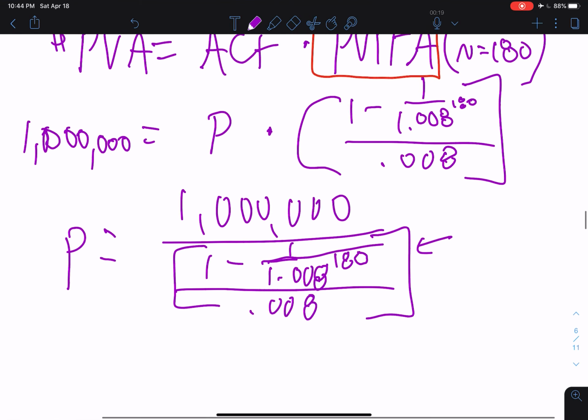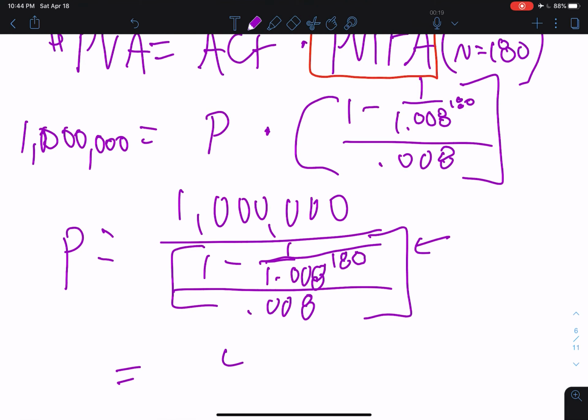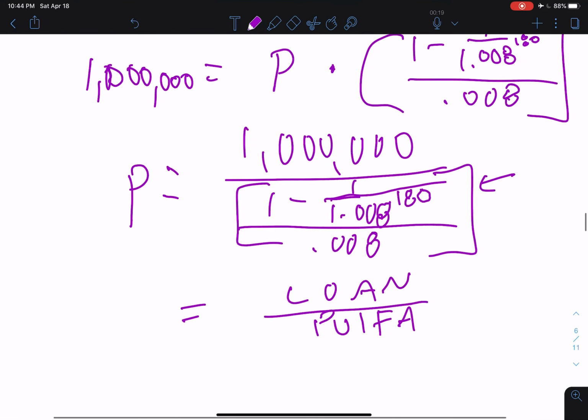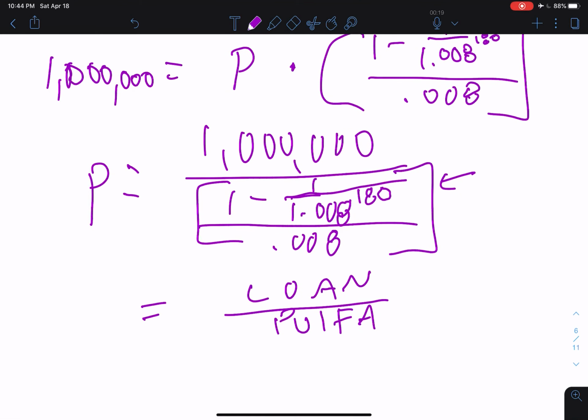And by the way, just make note again so you remember, this is equal to the loan amount divided by the appropriate PVIFA, which will always be a number that's less than N. And in this case, when you do the arithmetic, the answer ends up being $10,502 and about 67 cents. That's your monthly payment.